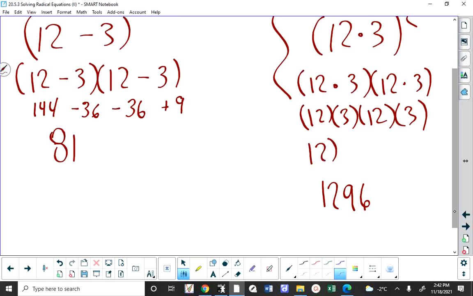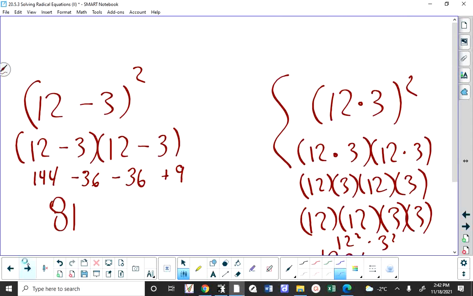We can write 12 times 12 times 3 times 3, and that's 12 squared times 3 squared. The lesson to be learned is when you are adding things together and you raise it to an exponent, you can't just throw that exponent on everything inside. It's why it would be a mistake to just take 12 squared minus 3 squared. But when you are multiplying or dividing, you can do that. Good? Okay.